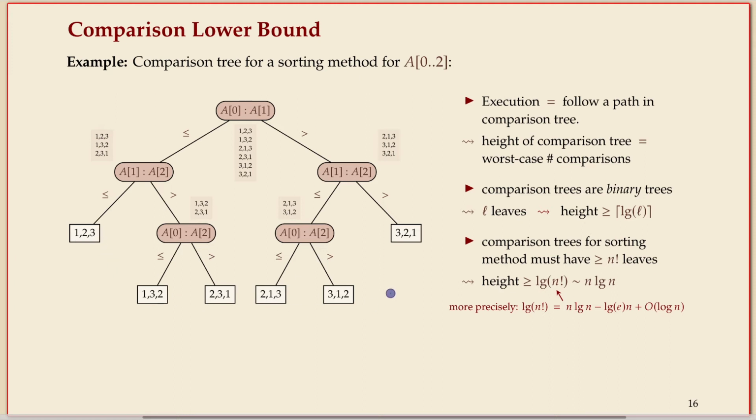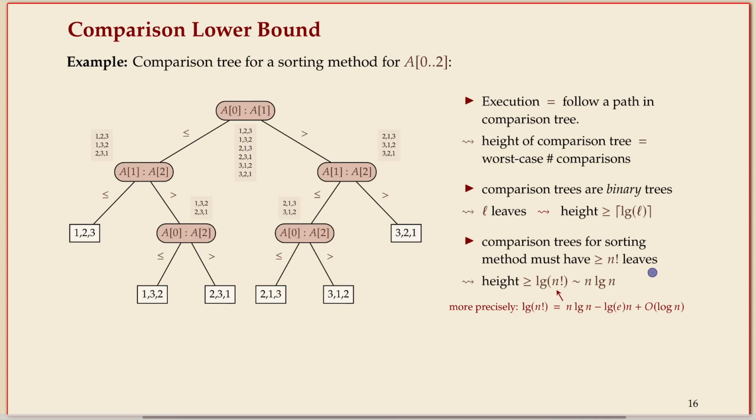In other words, we need one leaf for all possible orderings, and the number of orderings is called n factorial. You have n choices for where the smallest element goes, then you take that out, so there's n minus 1 choices for the second smallest, and you keep going. So n factorial is n times n minus 1 times n minus 2, and so on, all the way down to 1. I guess you have seen that before.